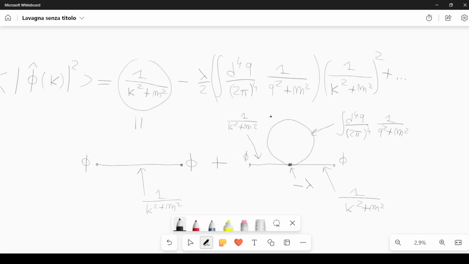And basically, you can see that you can associate Feynman graphs to the path integral. So the path integral is very useful because it gives you the intuition behind the reason why we have such Feynman rules.